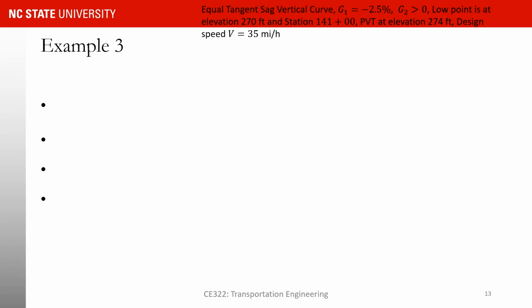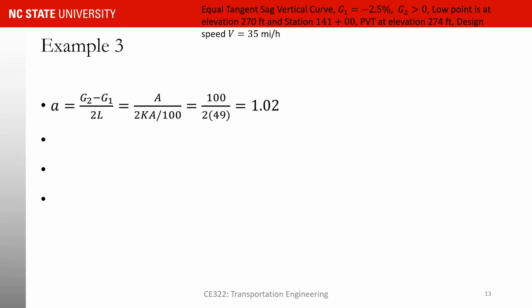Okay, we have determined the value of b. It is equal to g1, and now we want to find the value of a. If you remember, a is equal to (g2 minus g1) over 2L.